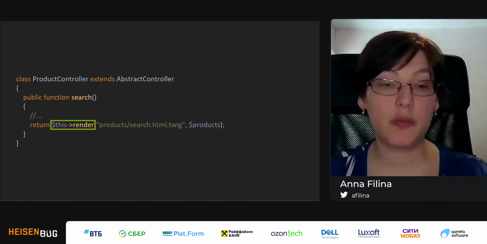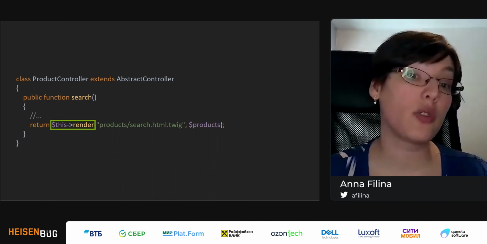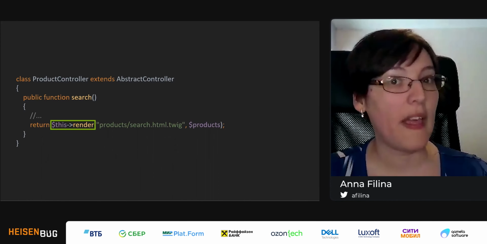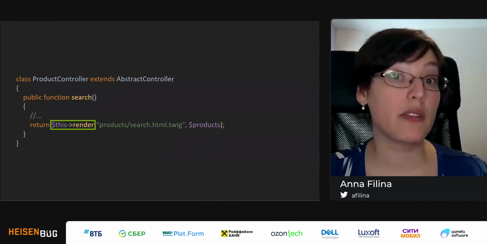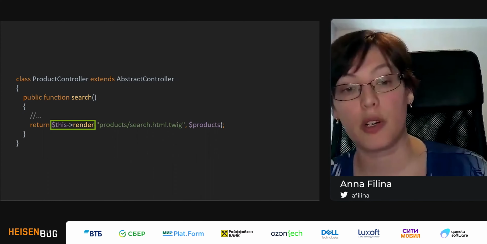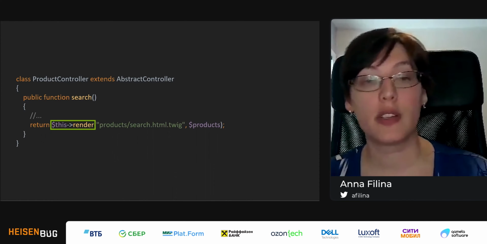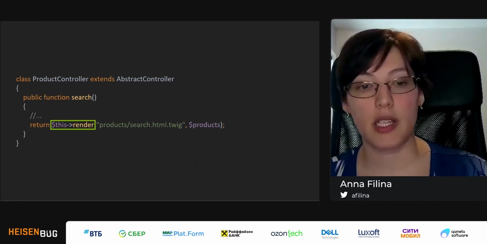Just because product controller and abstract controller are two different classes, the abstract controller does not exist by itself. Therefore, any code inside it should be considered part of the execution path of whatever is in the product controller. So we should not mock this render in this context.